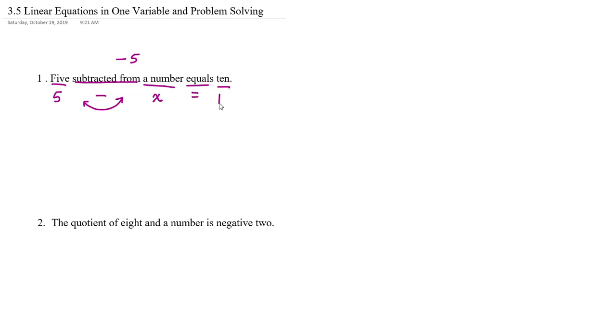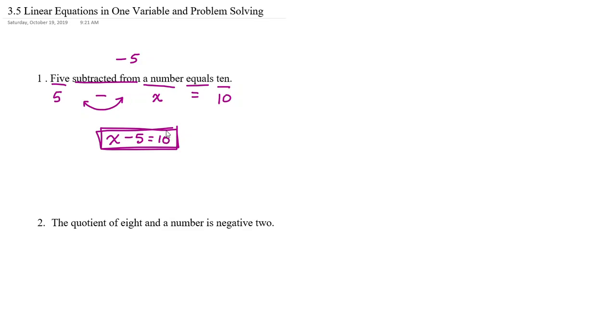And then 10, of course, is the number 10. So if you take 5 and subtract it from a number x, it equals 10. We would write that sentence as x minus 5 equals 10. And that's it. That's how you set up this problem.